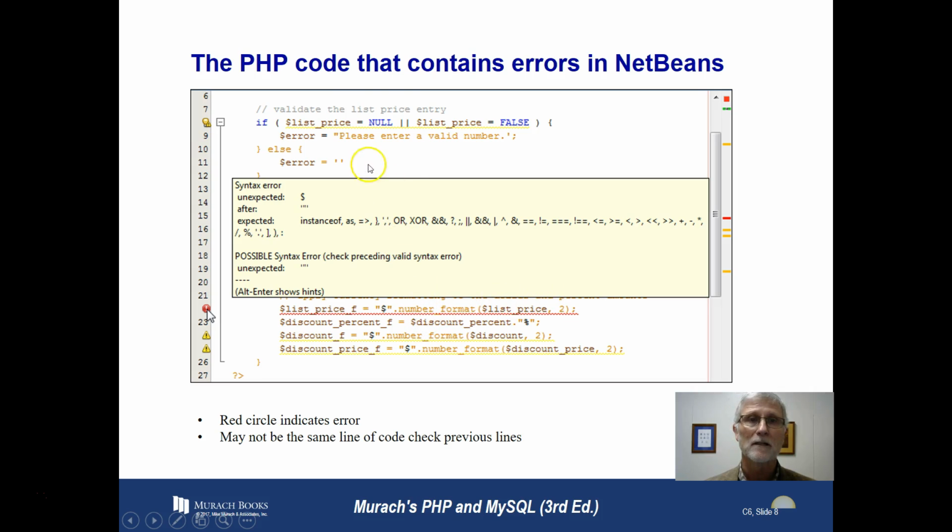You have to look further up. In this case, it's back up here where my problem is. So the circle indicates the first time the line had a problem, but you might want to go back and check previous lines of code to find out what the actual error is.